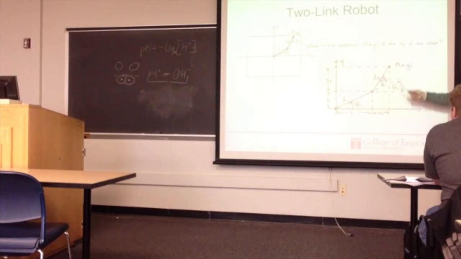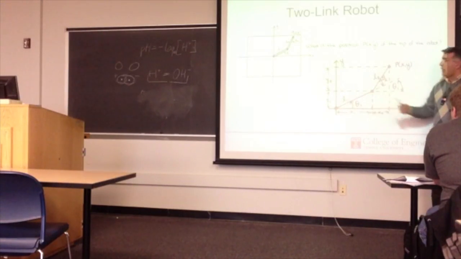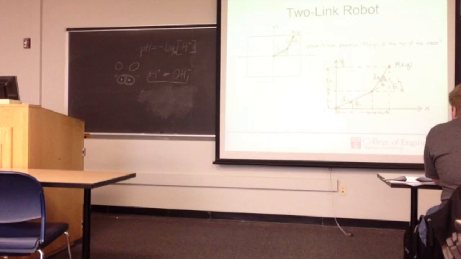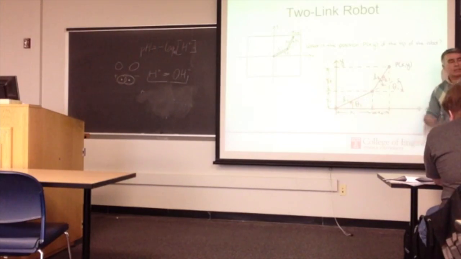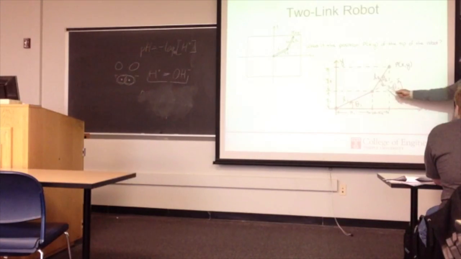So if I know L1 and theta 1, what do I know? I know the position of this one, right? In other words, I know this. This is the same as the problem we have. And if I know L2 and theta 2, what do I know?